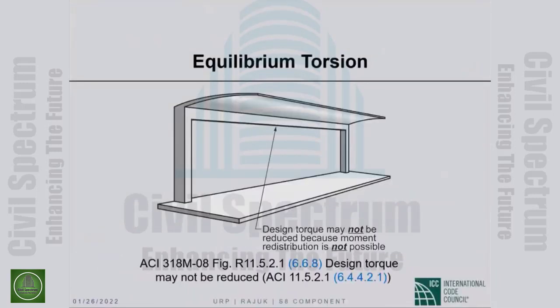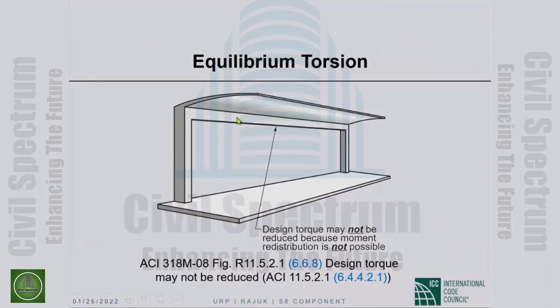Let me show you. Okay, so this is a good illustration out of the commentary to ACI 318 of equilibrium torsion. Okay, so this is a frame, let us say, with a cantilevered slab. Any loading on that slab will cause torsion on this beam.